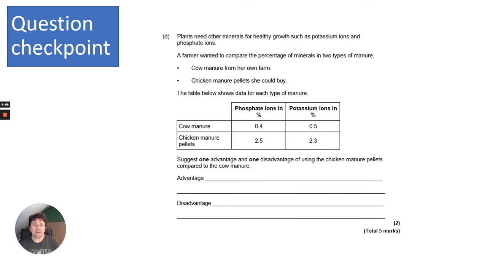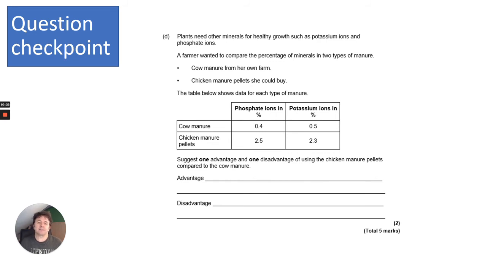Okay, I'd like you to pause, read and answer in 3, 2, 1. So here you've got an example of phosphate and potassium ions. Now you don't need to know anything about phosphate and potassium. This question is an application question, so it's asking you to read and use the information.